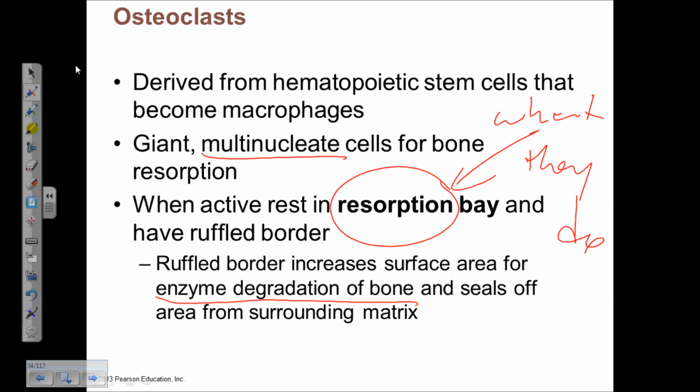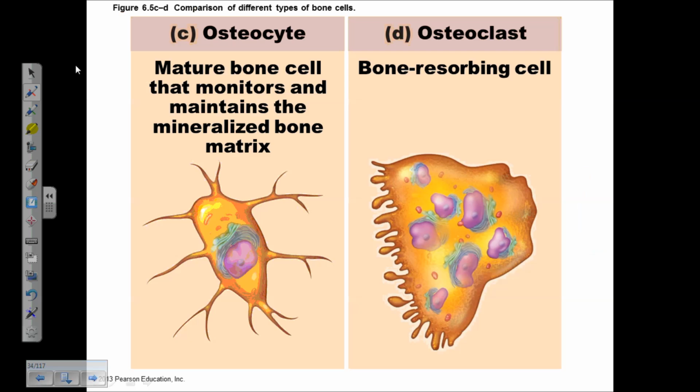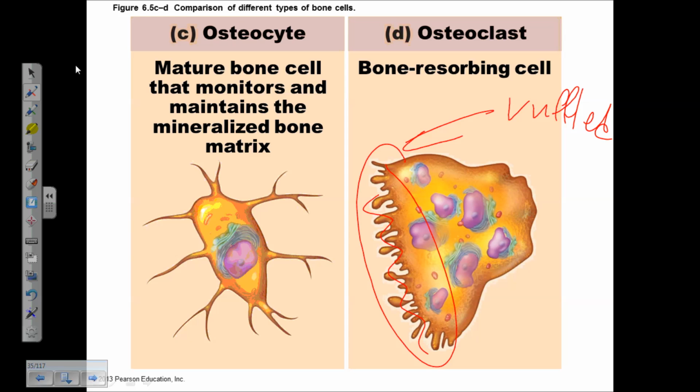Can you tell me which organelle in the cell has a lot of acid and digestive enzymes? Which organelle in the cell has a lot of acid and digestive enzymes? Lysosome. So here is your osteoclast, which will dissolve the bone where it is needed and when it is needed.